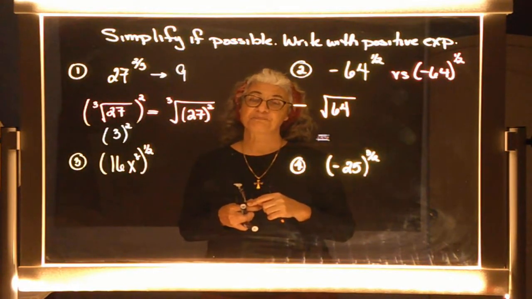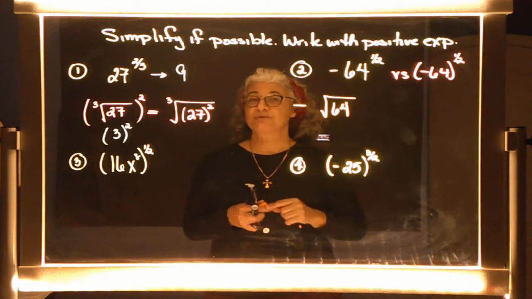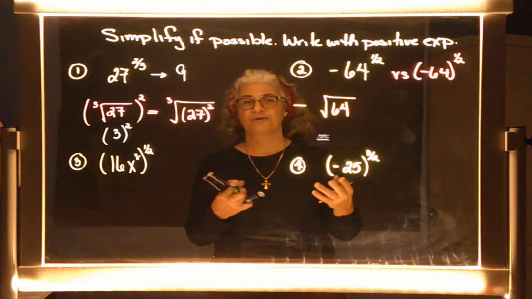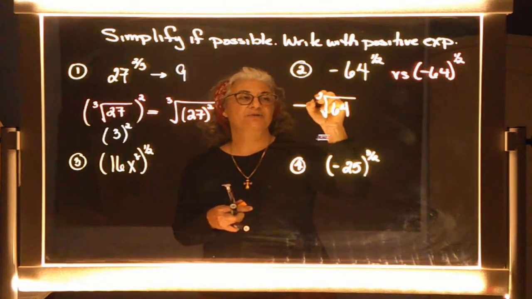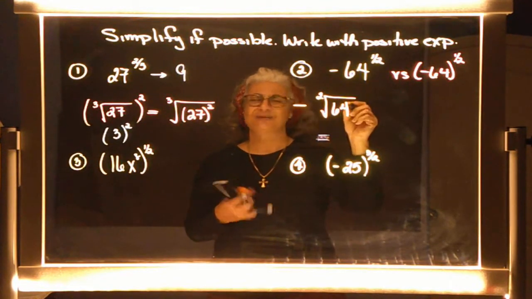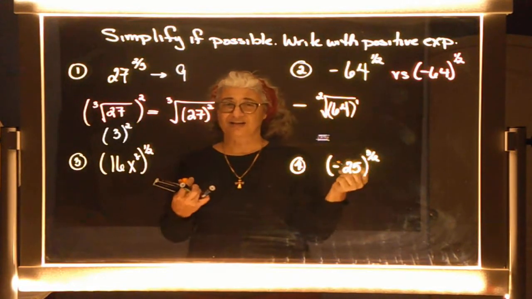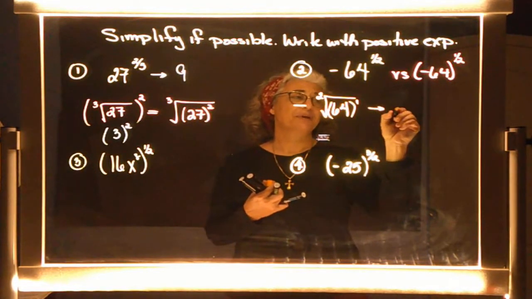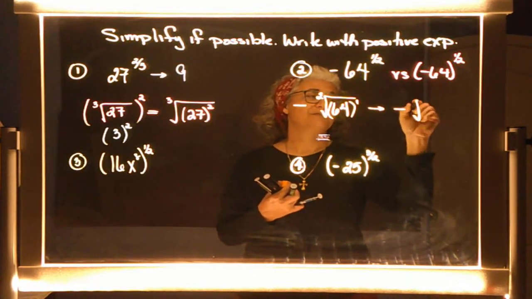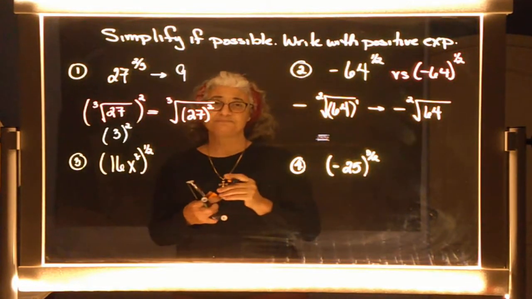Cool? Okay, so here's my rational exponent. What does the 1 represent? Well, that's your power. What is the 2? That's your root, so I know I got a square root, right? And to the power of 1, well, anything to the power of 1 is just itself, right? So the problem I'm basically working on is a negative times the square root of 64, right?